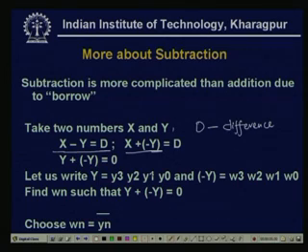Now, if I replace x by y, that means if x equal to y, then this is y minus y, and the difference should be 0. If I arrange this expression again, this should be y plus of minus y equal to 0.